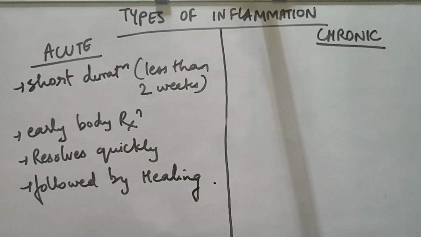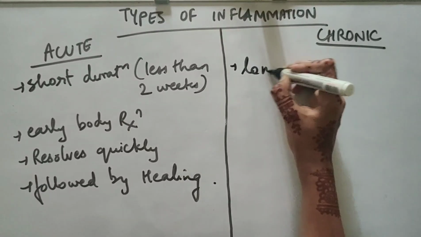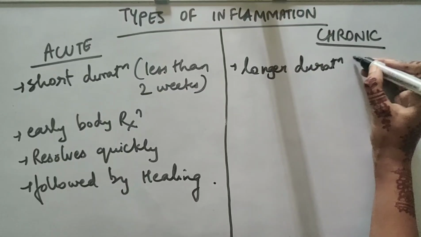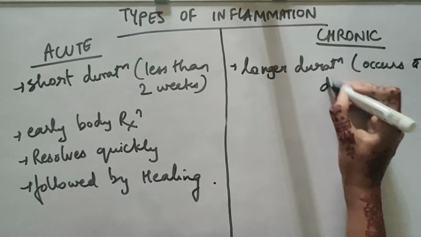Okay, and what is chronic inflammation? So chronic inflammation is of longer duration, occurs after delay.